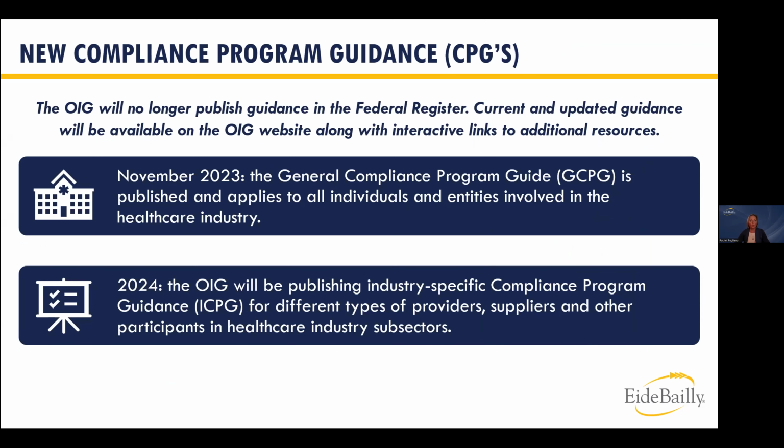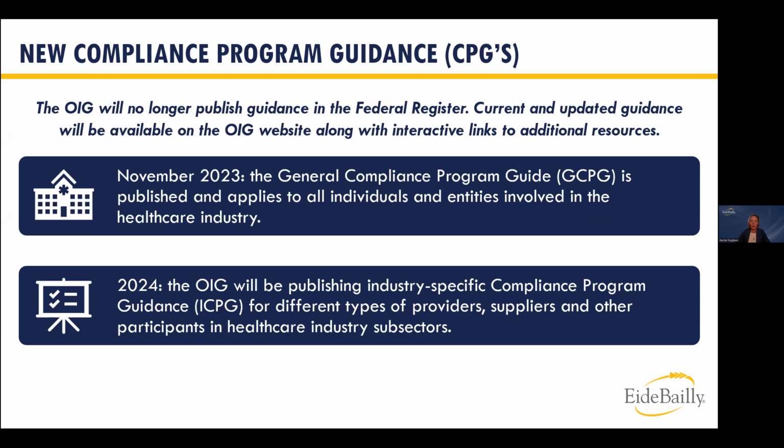So really what happened in 2023 and then into 2024 is that the OIG completely changed their format for publishing compliance program guidance. In the past, they've always published it in the Federal Register. If you've ever read the Federal Register document or looked for something within that document, it's very difficult to read in that format.